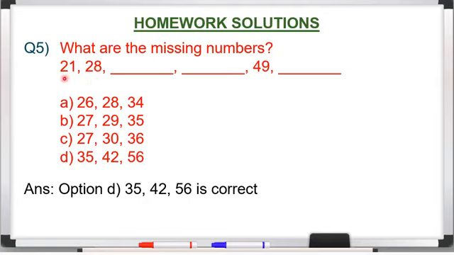Difference is 7 and this sequence is in ascending order. Okay, 21 plus 7, 28, 28 plus 7, 35, 35 plus 7, 42, 42 plus 7, 49, 49 plus 7, 56. So option D is correct. Clear?